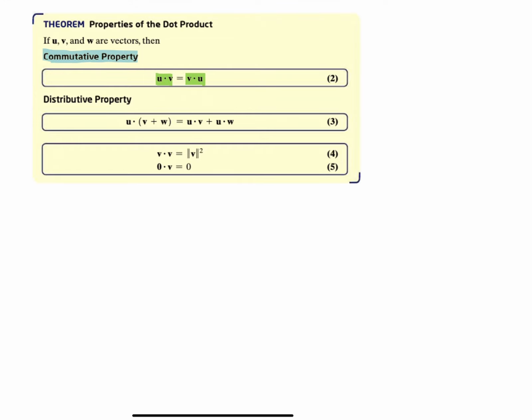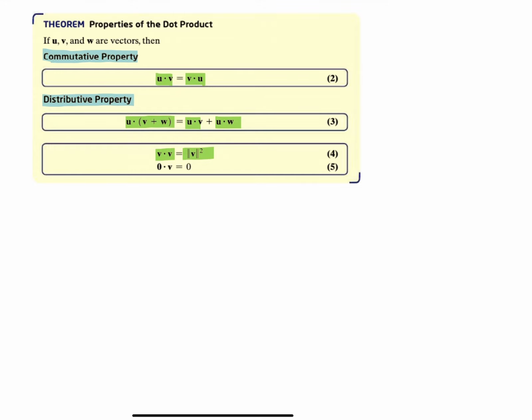We didn't see an example of this, but we get a distributive property with the dot product, meaning if we're dotting a vector with the sum of two vectors, the operation will distribute. We can describe that as u dot v plus u dot w. And then we just saw a vector dotted with itself is equal to the square of its magnitude.